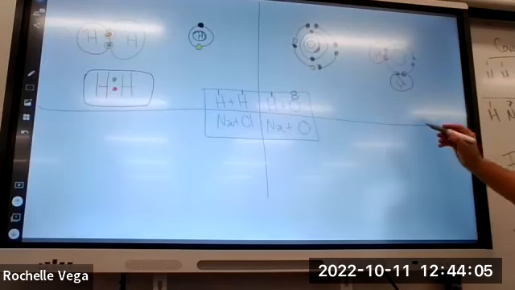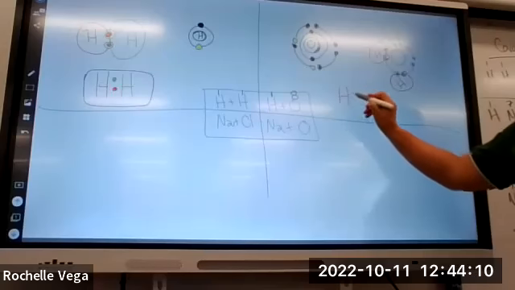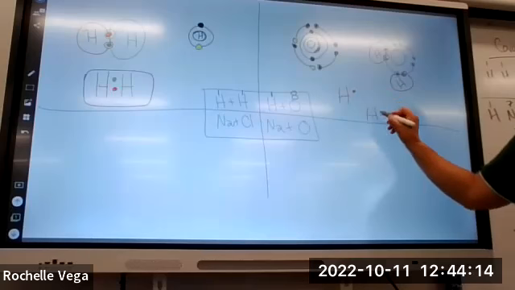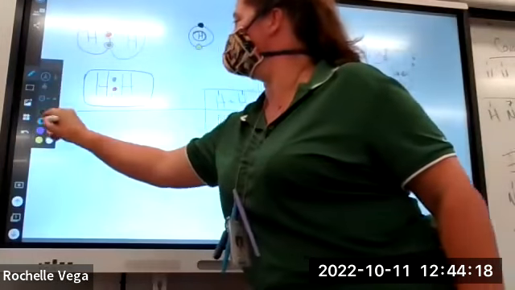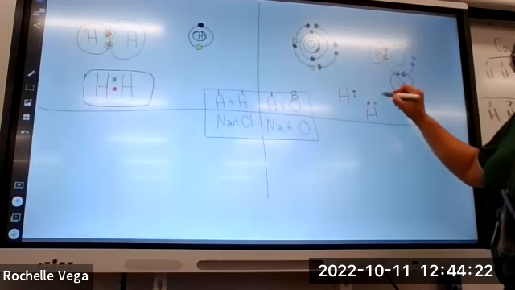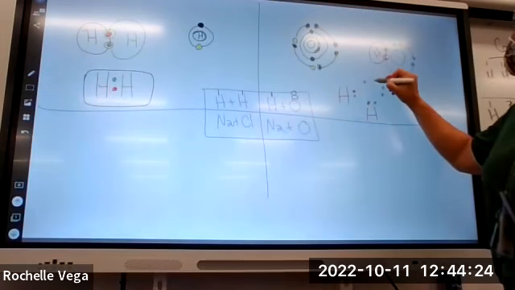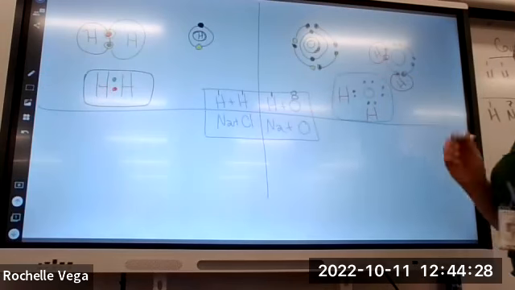All right, so if I were to draw this in a simpler, Lewis dot type structure, I would draw it like so.